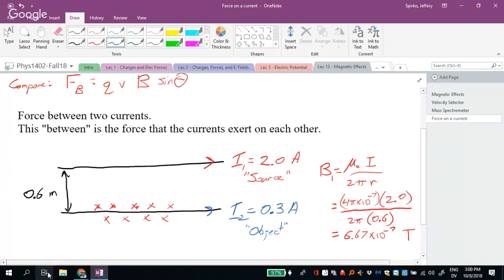Now we can calculate the force. So now we go to our right-hand rule, just thinking about I2 and its magnetic field that it feels. So the IL, the current, takes the place of our qv. Magnetic field is into the page. It feels a force that's upwards. So this F sub B is lifting upwards on that other wire.